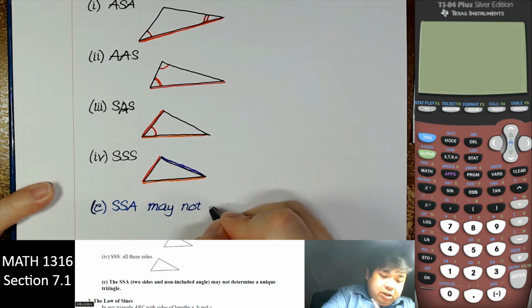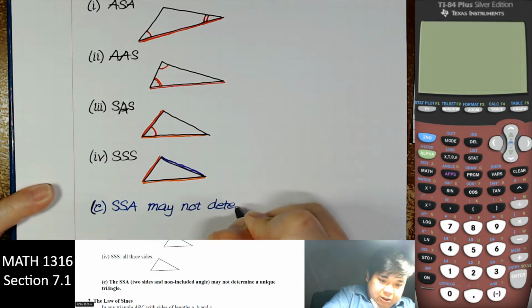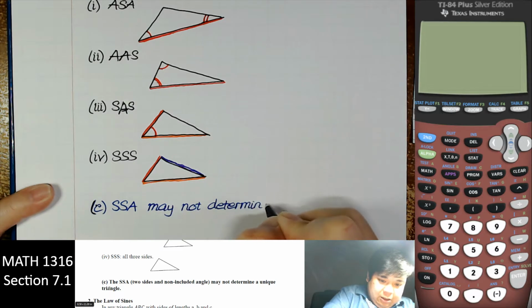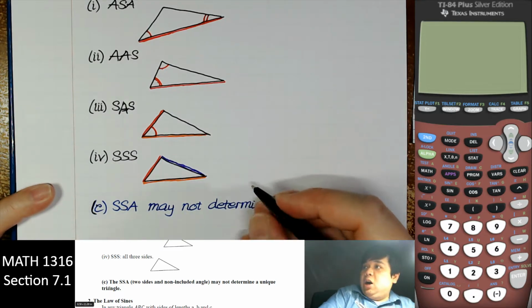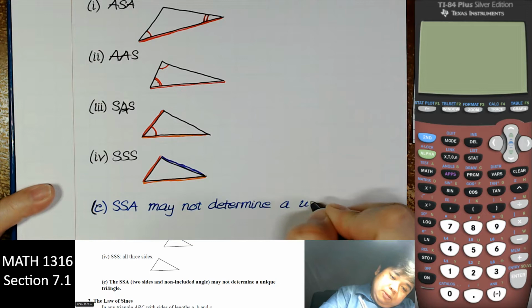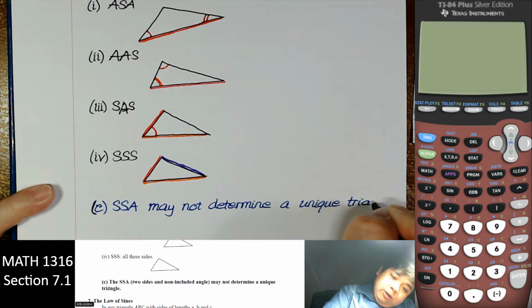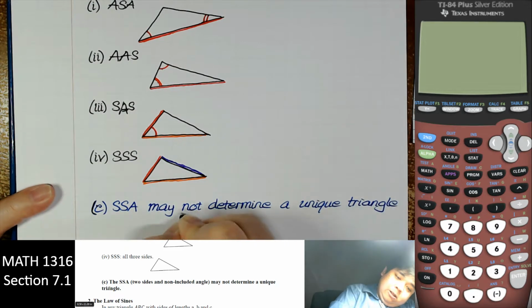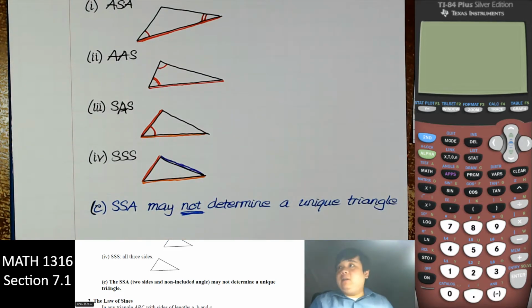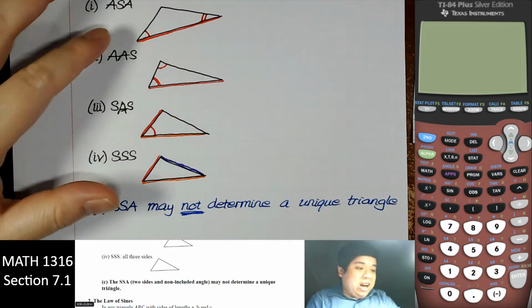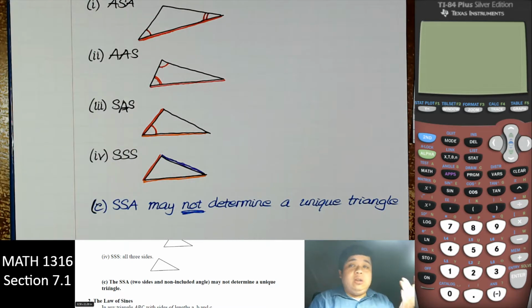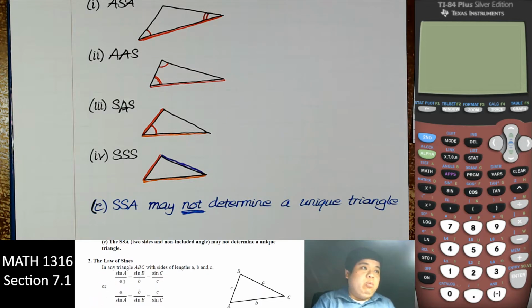The case of side, side, angle may not determine a unique triangle. So the bottom line is we are given 3 pieces of information and we try to find the missing 3. So we need 3 to find the other 3.